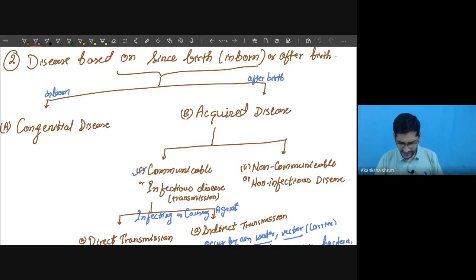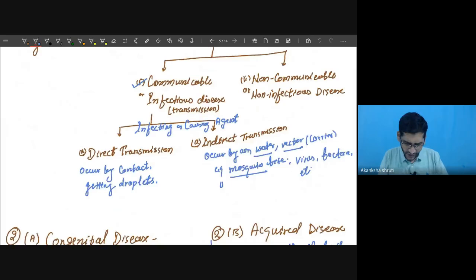What is direct? It is because of direct contact, like a handshake. Diseases transmitted by handshake or other kinds of contact between persons are called direct.